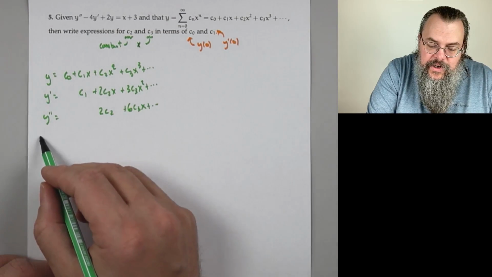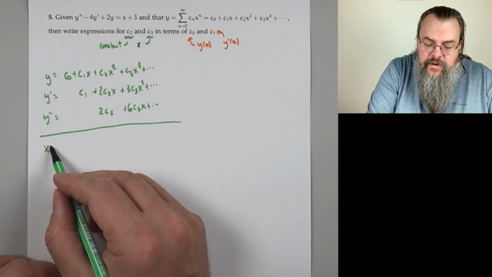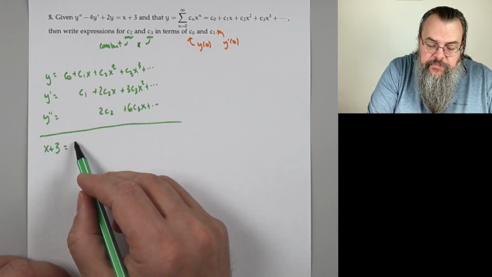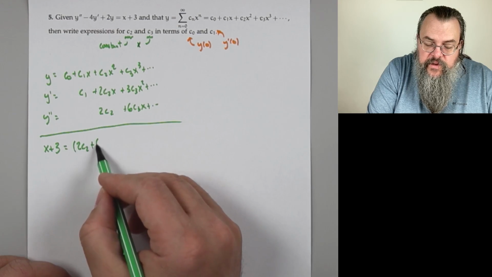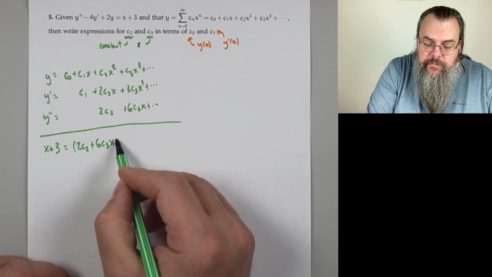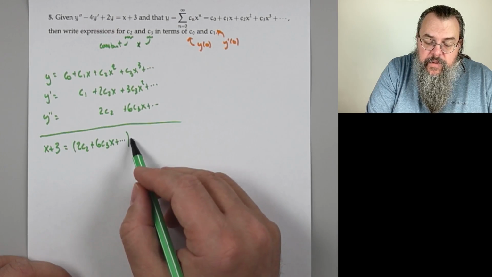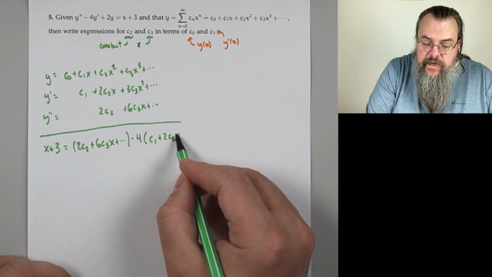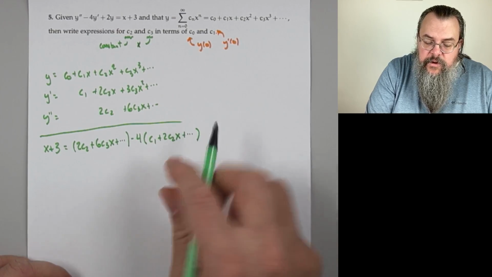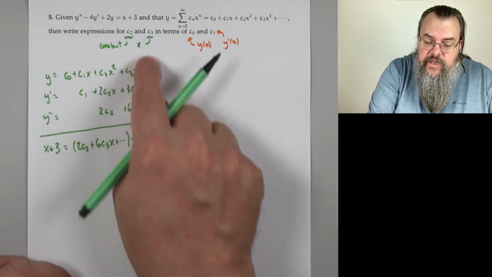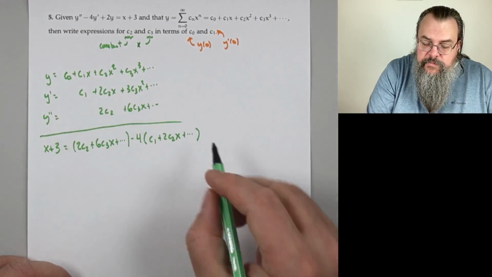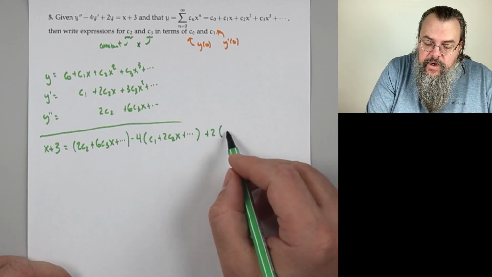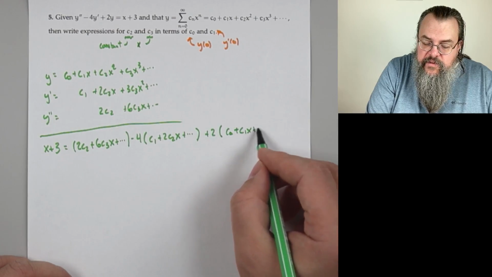So here we go. x plus 3 is equal to y double prime, 2c2 plus 6c3x plus dot dot dot, minus 4y prime, c1 plus 2c2x plus dot dot dot, because I only need the constant and the x term, so I don't even need the x squared term, and plus 2 times y, c0 plus c1x plus dot dot dot.